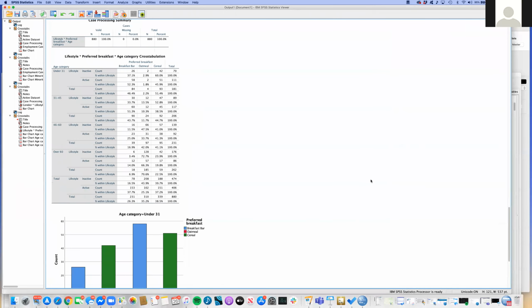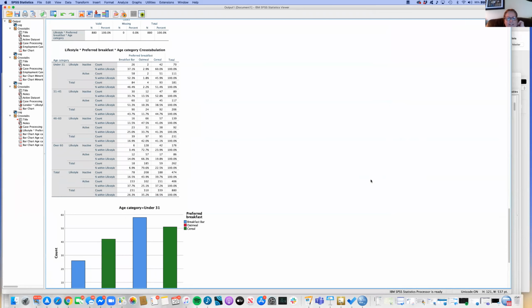I was looking at it, and it looks like the older you are, the more you like oatmeal and appreciate it. So they're from a different generation. Yeah, look at the over 60 with oatmeal. 72%. And even the 46 to 60-year-olds like oatmeal.